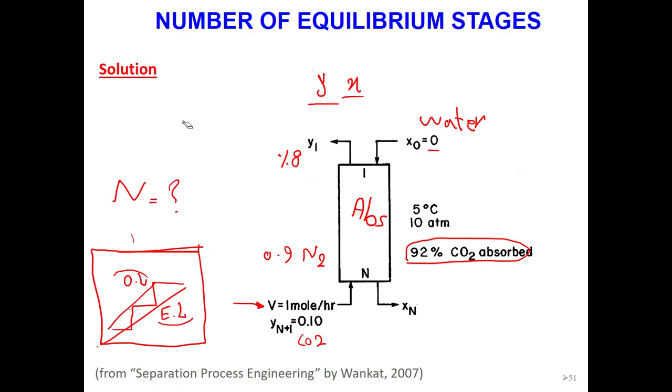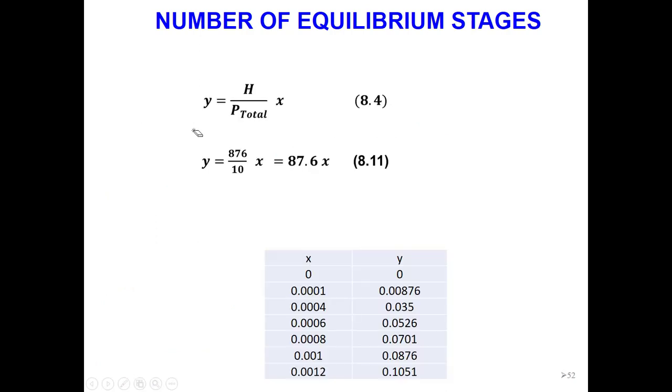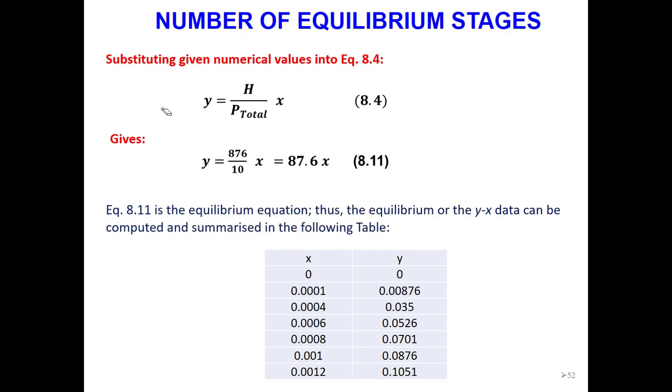For the equilibrium line, I have an equation, as I already mentioned. The equation is y equals Henry constant divided by pressure times x. Henry constant is given as 876.